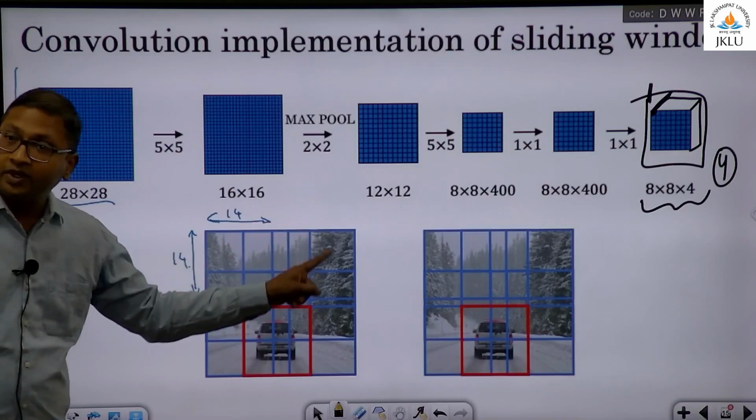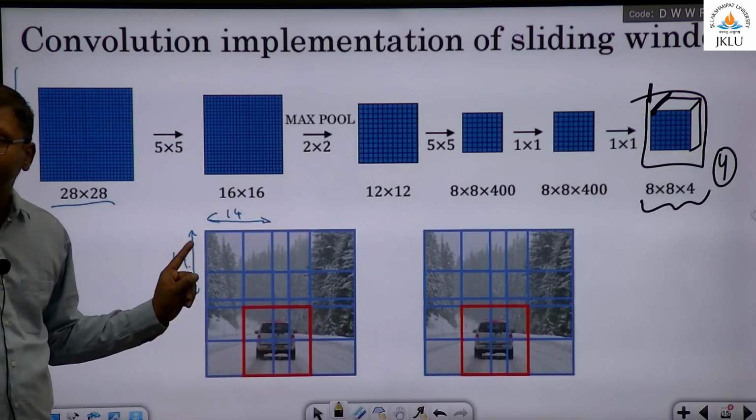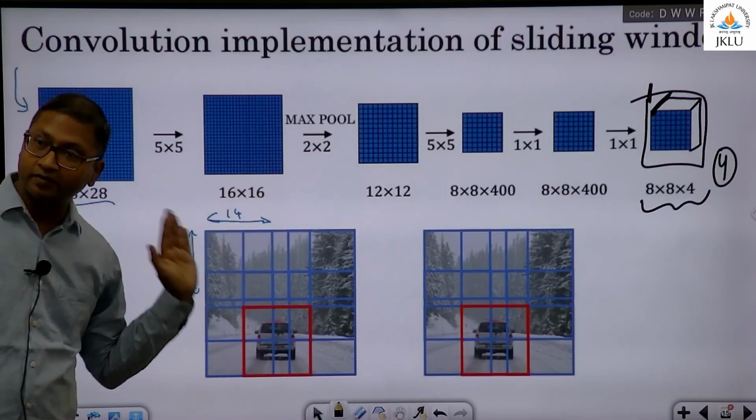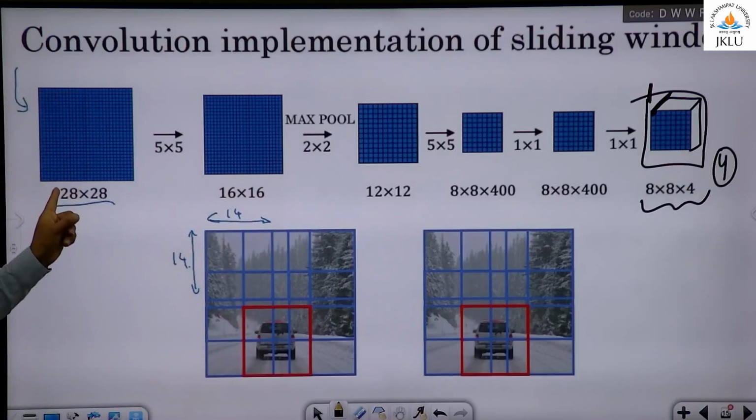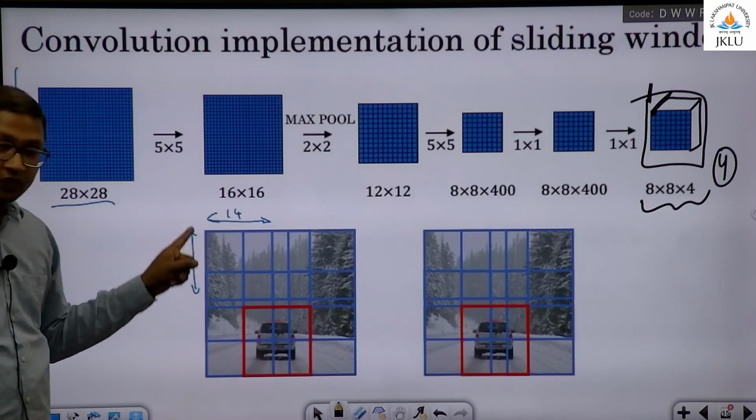How many iterations of sliding windows are there here, if this is 28 cross 28 and my window size is 14 cross 14?